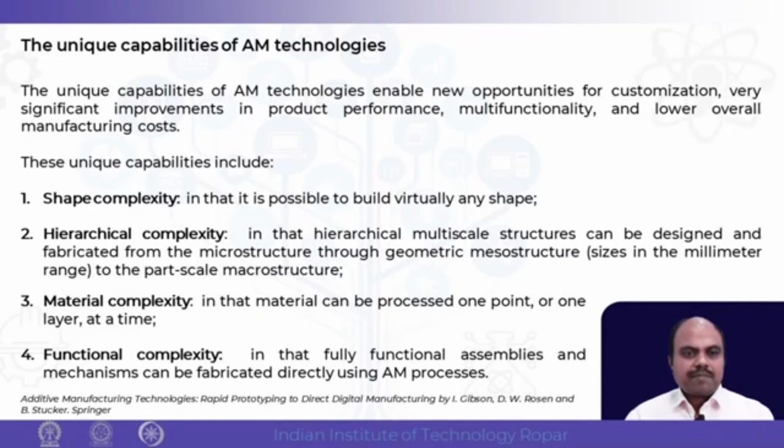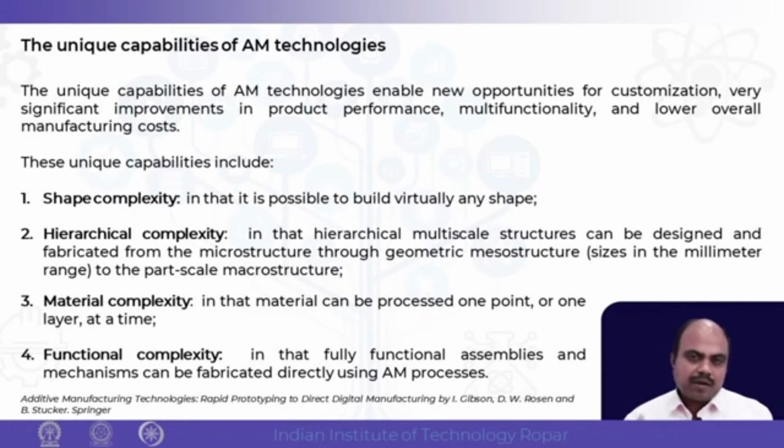The unique capabilities of additive manufacturing enable new opportunities for customization, which significantly improve product performance and multifunctionality and lower the overall cost. There are certain unique capabilities of the additive manufacturing process. One is shape complexity, which means it is possible to make really complicated shapes using additive manufacturing.